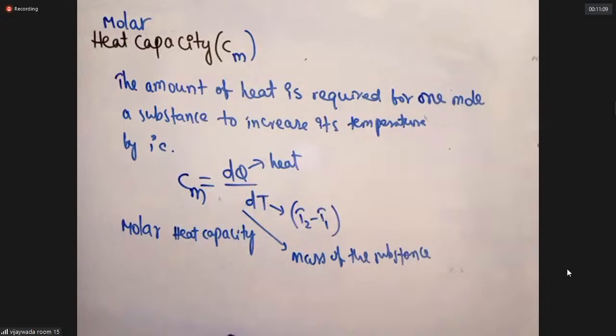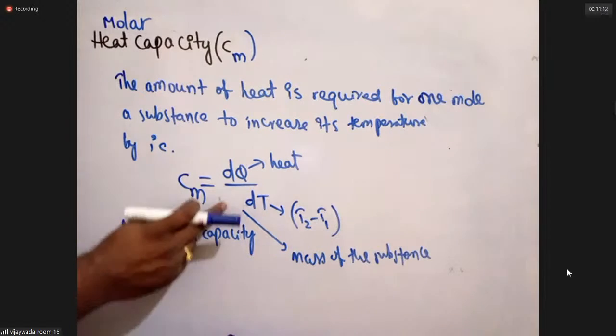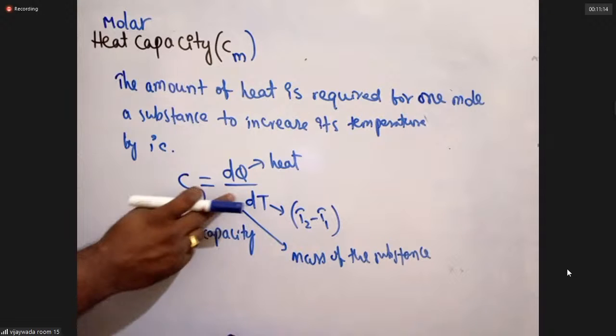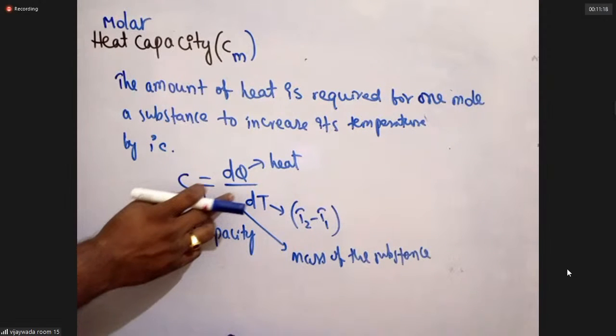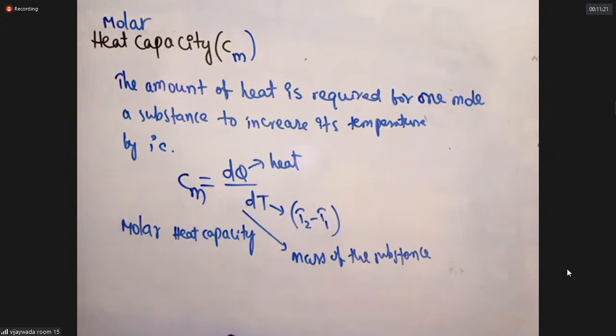Students, for molar heat capacity, here we consider the number of moles. When the number of moles is 1, the equation is dq by dt.